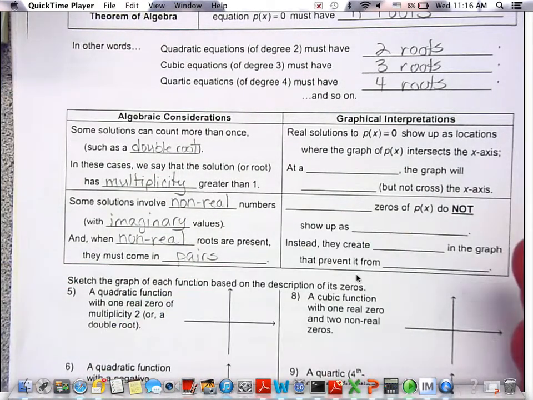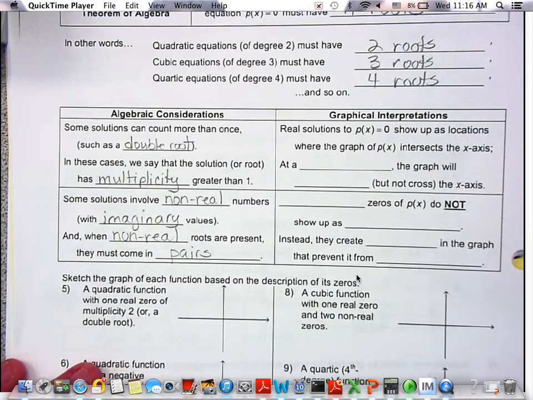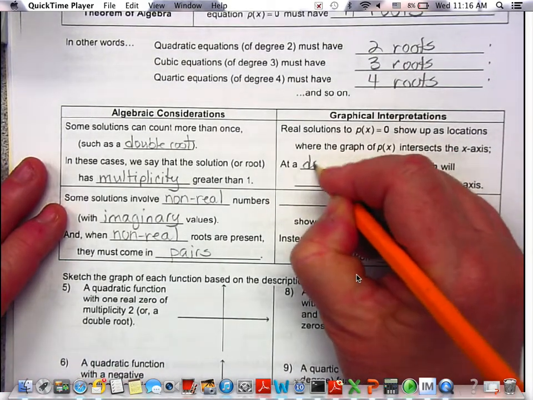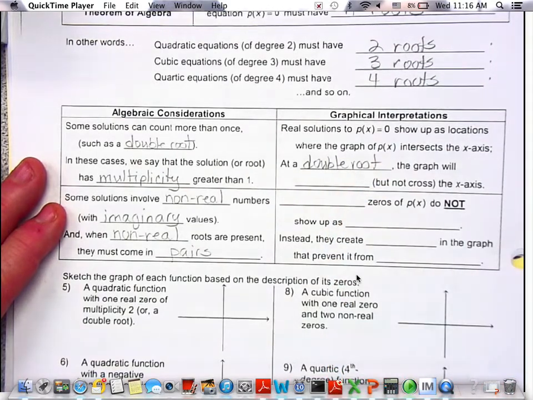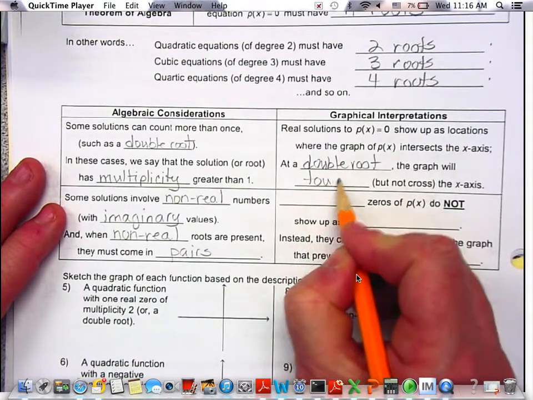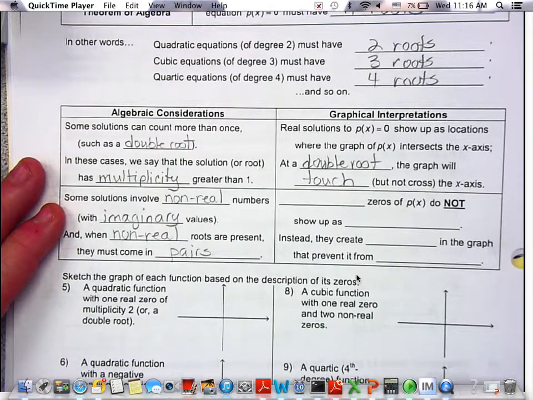If you're graphing it, real solutions show up as locations where the graph intersects the x-axis. Okay, at a double root, the graph will touch but not cross the x-axis. That's what it's going to look like on the graph for a double root.